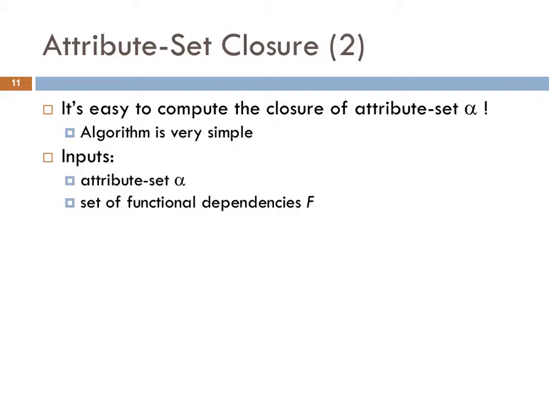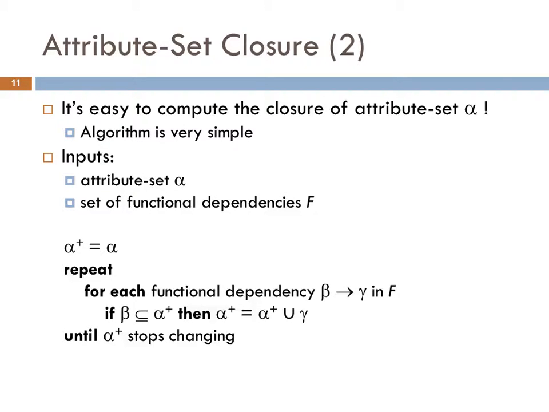Let me show you how to do it. You start with the attribute set that you care about. You start with your set of functional dependencies, which, like I said, includes key constraints. You start with your attribute set closure being your initial attribute set. Now you look at all your functional dependencies.